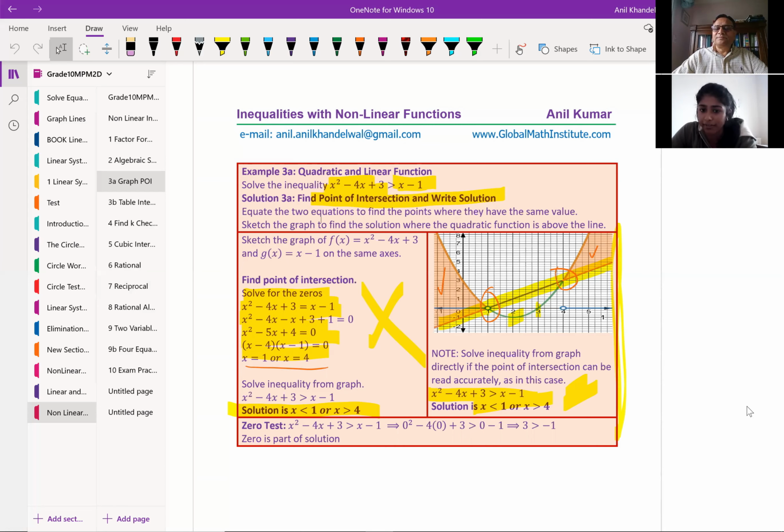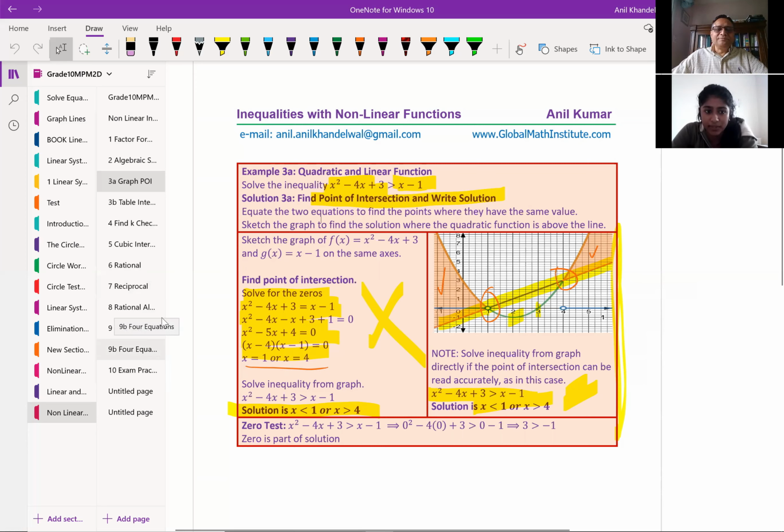But the thing with graphing is make sure you've done it accurately. Otherwise, the points of intersection need to be accurate as well, because the values you're picking off the graph, let's say in this one, x is less than 1 and x is greater than 4, they are accurate values. So you need to make sure that you have an accurate graph to get those values.